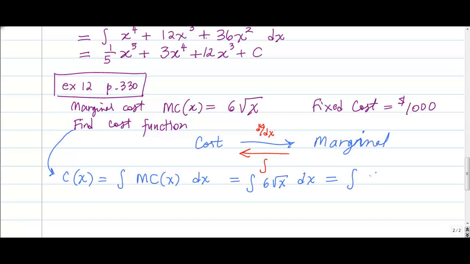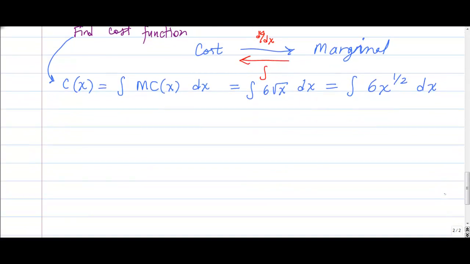Let me rewrite this as 6x to the 1/2 dx. And then let me take the integral. So you add 1 to the exponent. So 1/2 plus 1 gives me 3/2. And then you divide by the new exponent, which is multiplying by the reciprocal 2/3. And then don't forget the plus c.